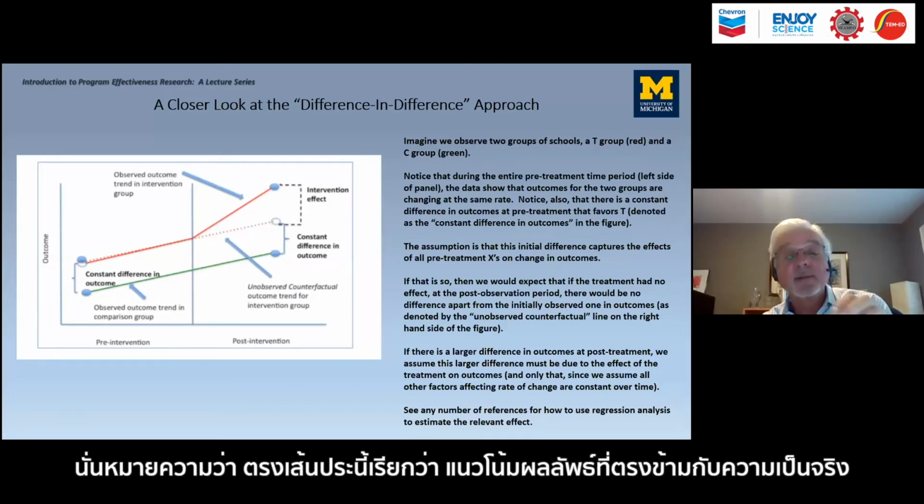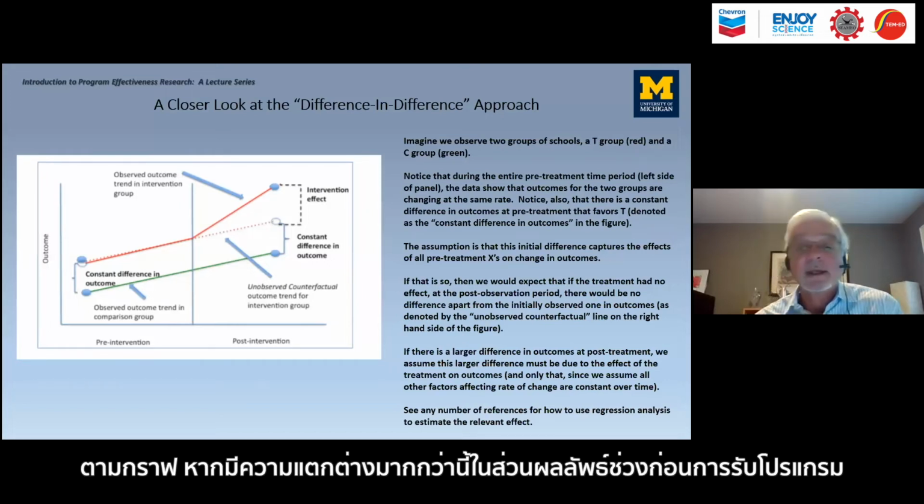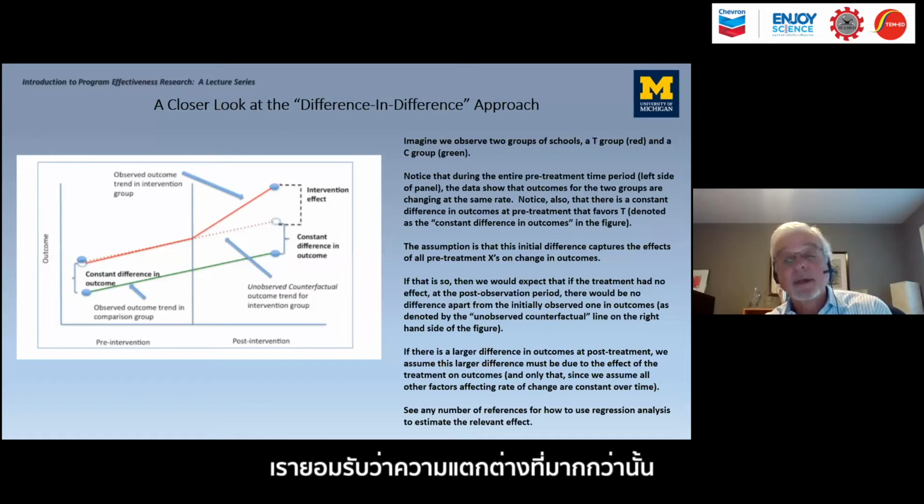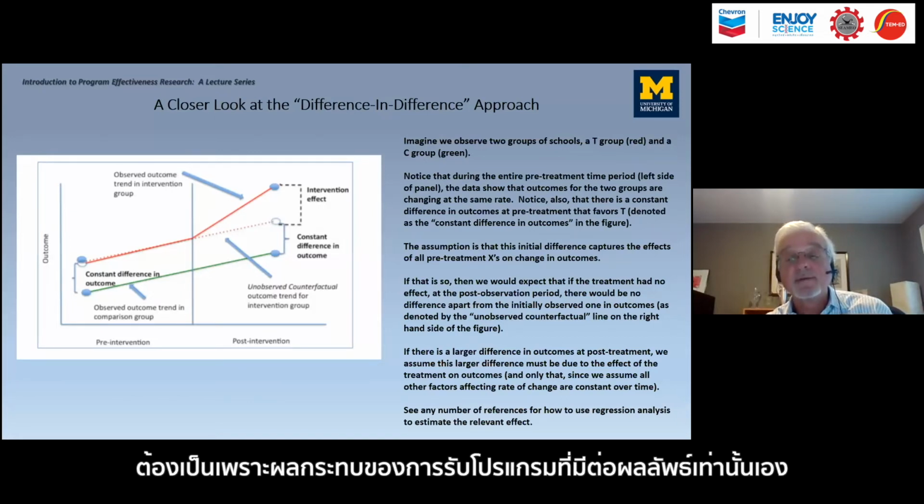And that's denoted by this dotted line called the unobserved counterfactual outcome trend for the intervention group. If, as in the graph, there's a larger difference in outcomes at post-treatment, then we assume that this larger difference must be due to the effect of the treatment on outcomes and only that.